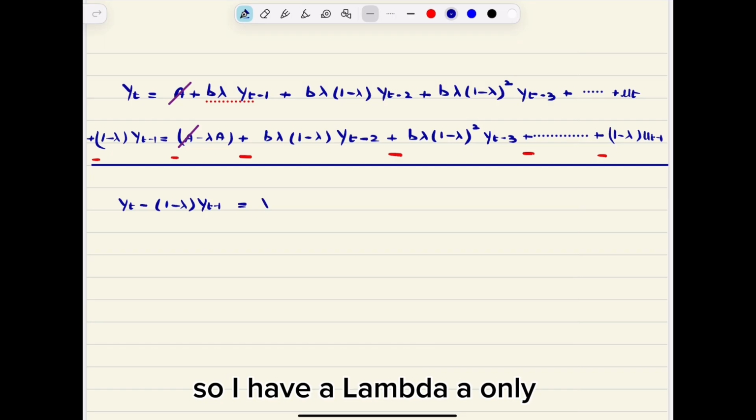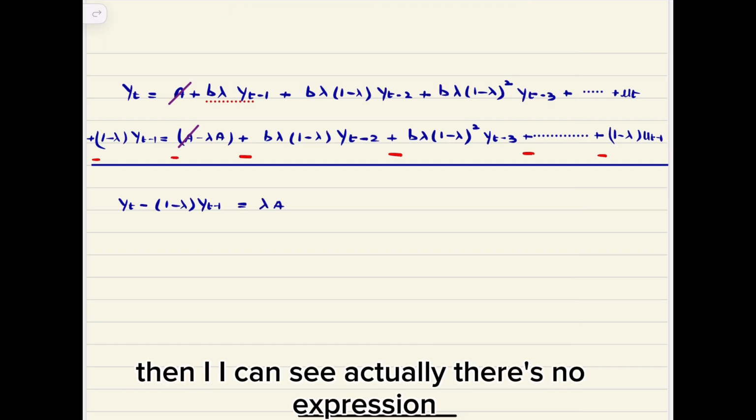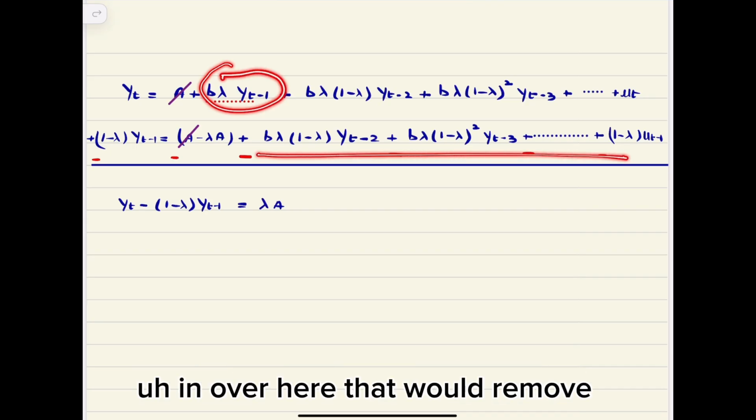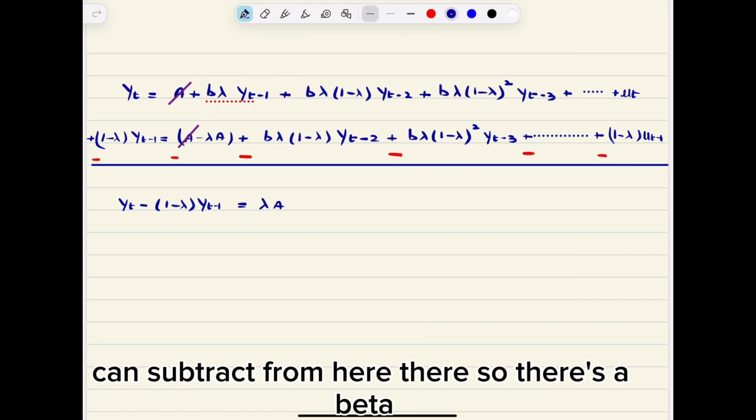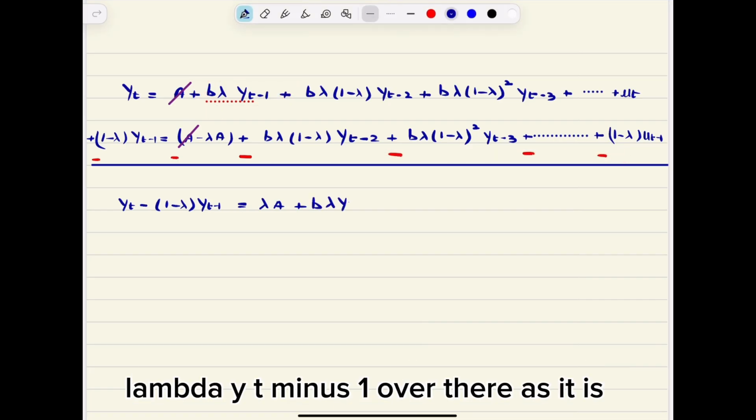Then I can see there's no expression over here that would remove this expression, so nothing can subtract from here. So there's a beta lambda y_{t-1} over there as it is.